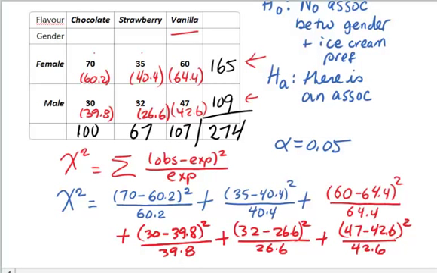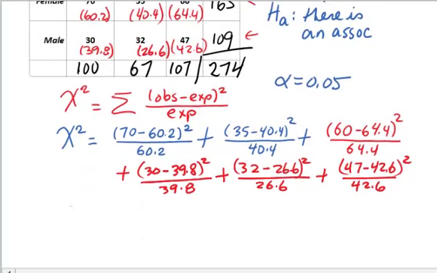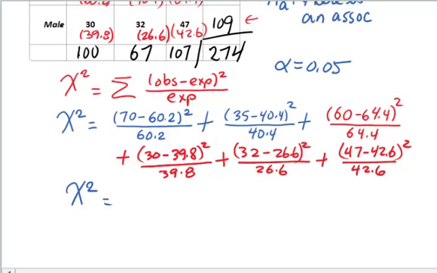Using your calculator, you can now calculate these 6 values. So the chi-square will equal, first number when you calculate it should be 1.60. We're going to report these numbers to 2 decimal places. The second one is 0.72.